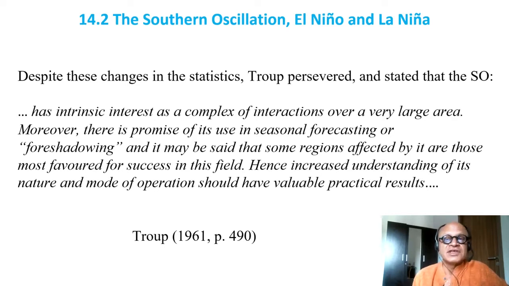and people were kind of worried that maybe this is not such a good measure for forecasting. But Troup persevered and stated that the southern oscillation has intrinsic interest as a complex of interactions over a very large area. We already talked about the global teleconnections associated with this large-scale mass exchange between the western and eastern hemispheres.